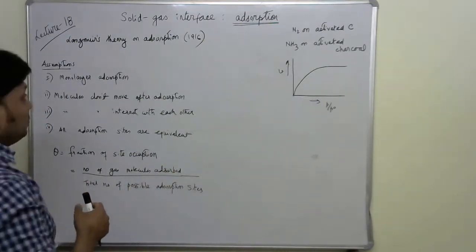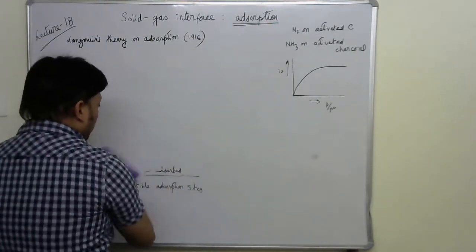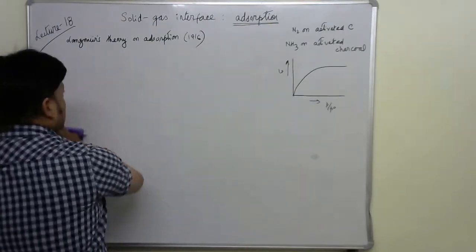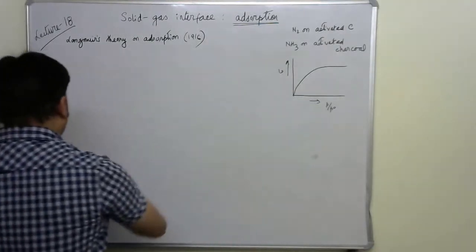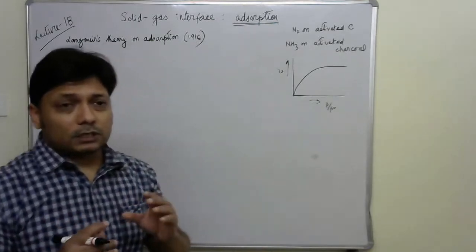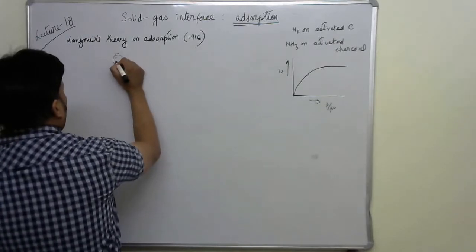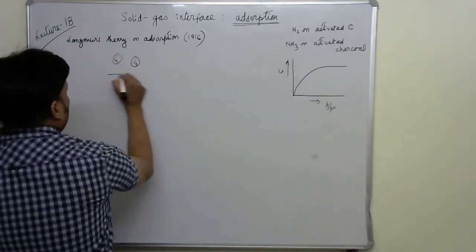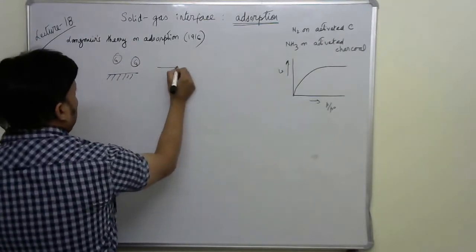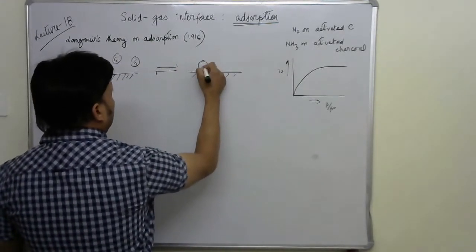So then Langmuir started with the same thermodynamic consideration, that the adsorption process is thermodynamically controlled and proceeds via establishment of equilibrium at each and every stage. So basically, if we think about the microscopic picture, this is the gas molecules getting adsorbed slowly.